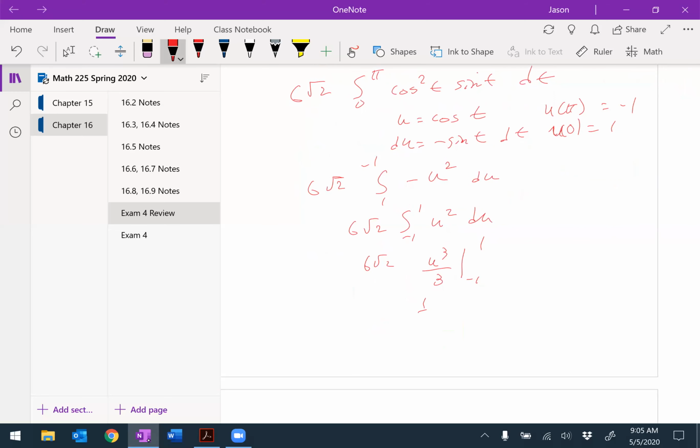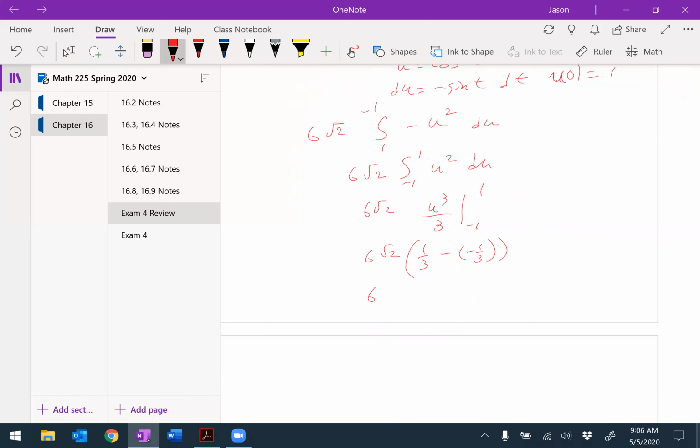So this is 1/3 minus negative 1/3 times 6 radical 2, which becomes 6 radical 2 times 2/3. Cancel, and I'm just left with 4 radical 2. Okay, that's it for number 6.